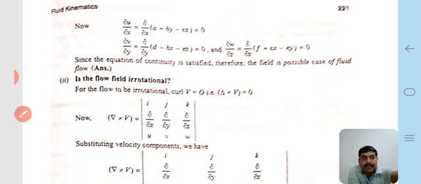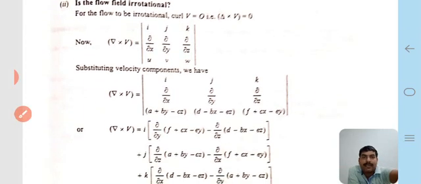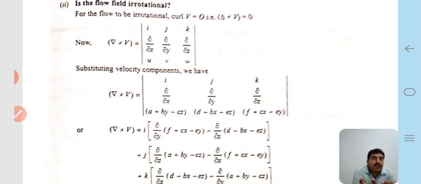Now we come to the second part of the question: is the flow field irrotational? For the flow to be irrotational, the curl of v must be zero. Therefore we take the curl of velocity, del cross v is equal to 0.